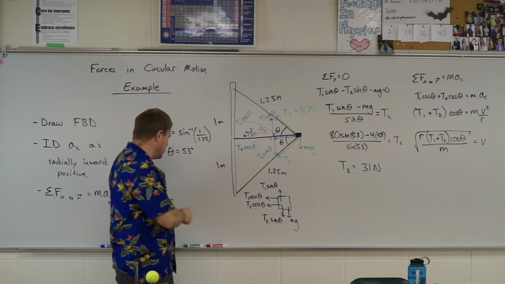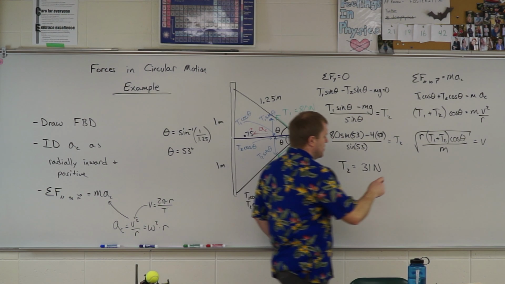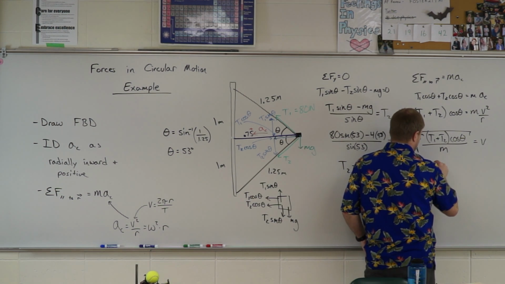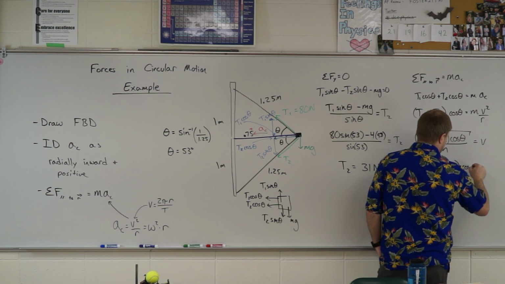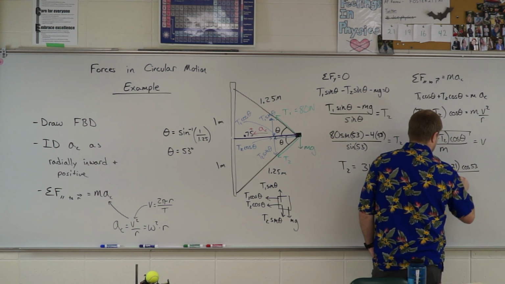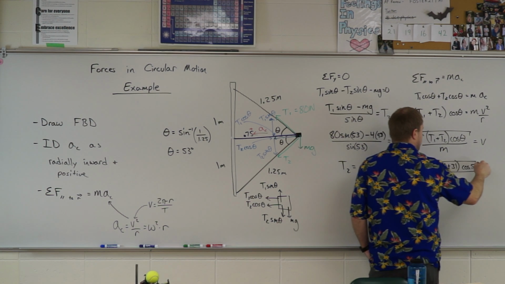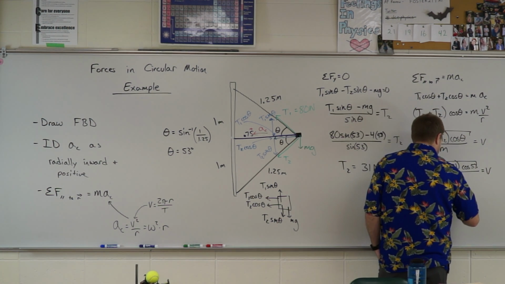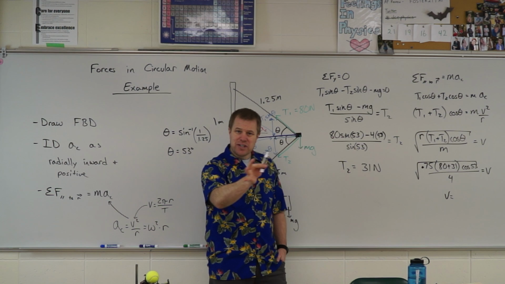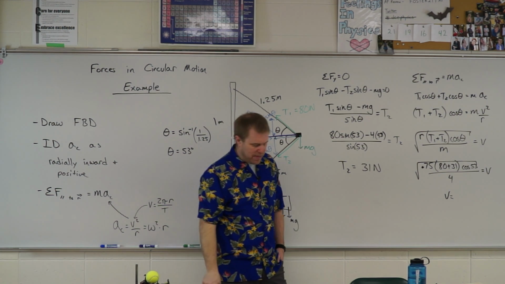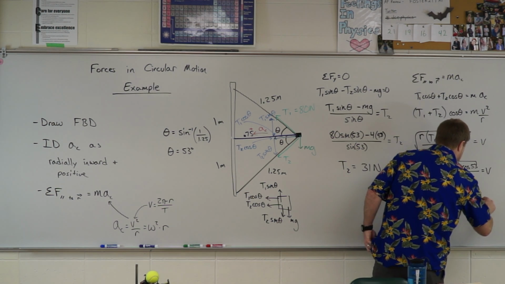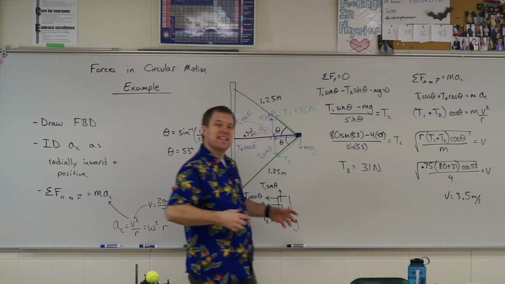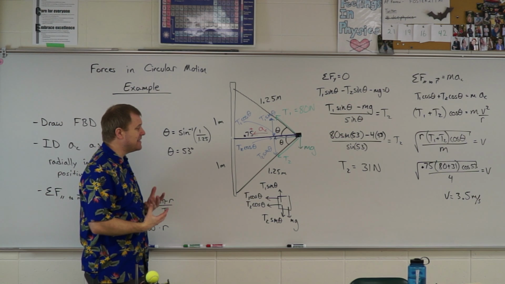All right, so now I just need to plug in those values. So I got 0.75 times 80 plus 31 times the cosine of 53, all divided by 4. Make sure you store that angle. That will tell me the speed at which that block is moving around there, and that speed comes out to be 3.5 meters per second.